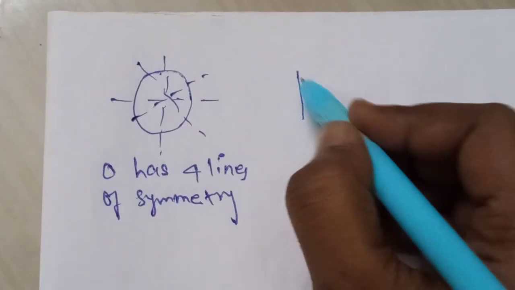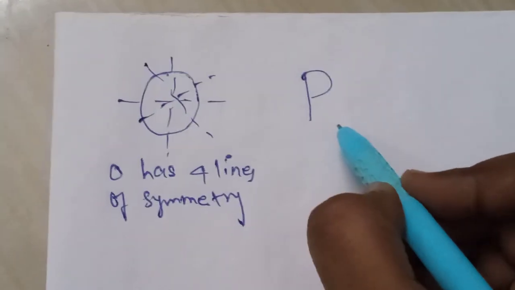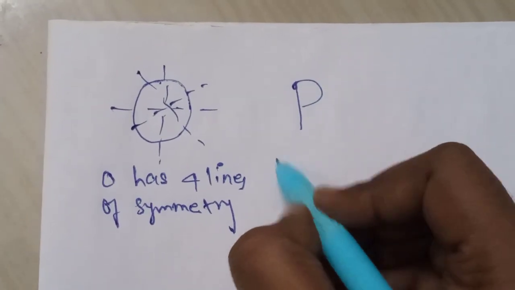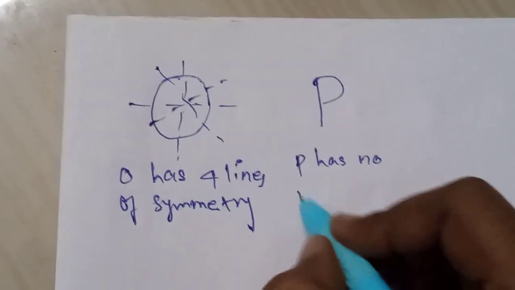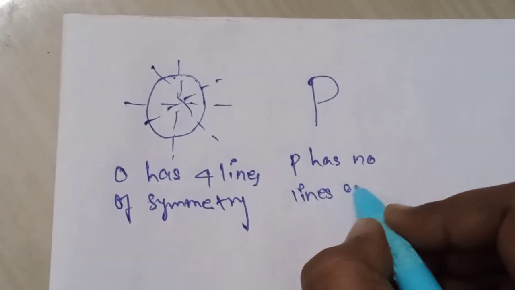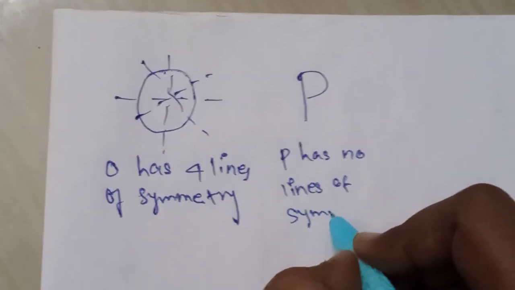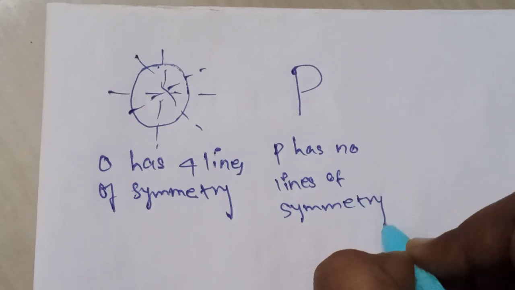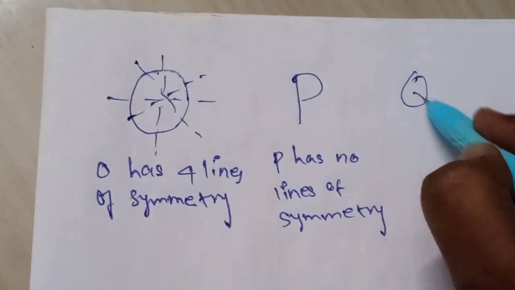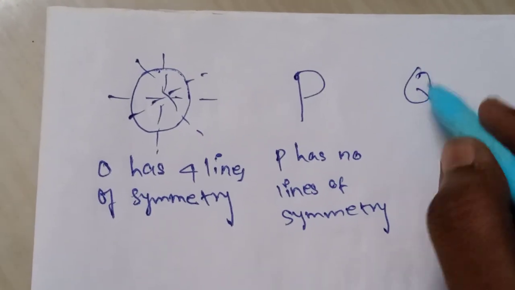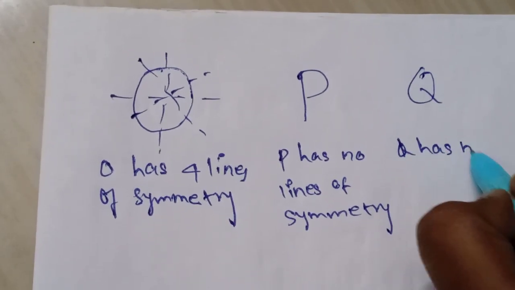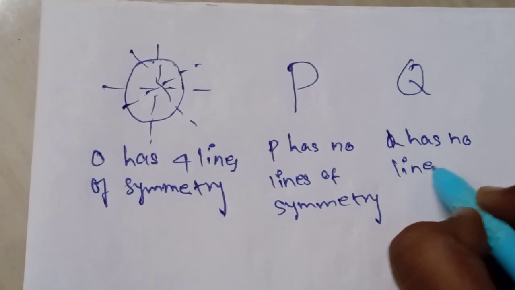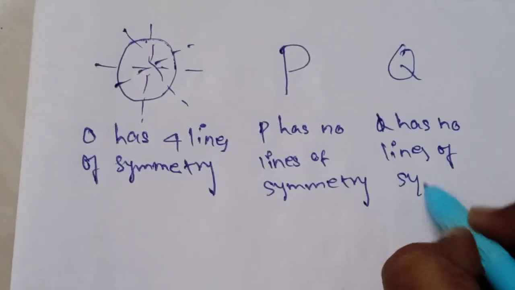Then P, can we divide P? It is not possible. So P has no lines of symmetry. Next Q, can we divide Q? It is not possible. So Q has no lines of symmetry.